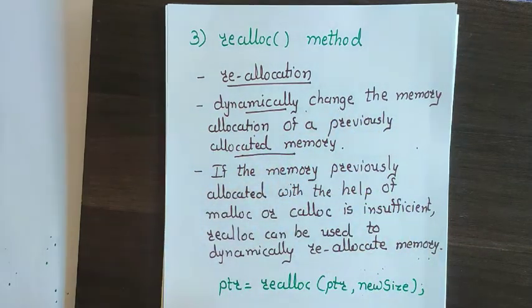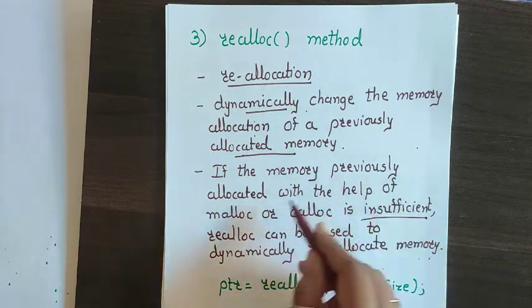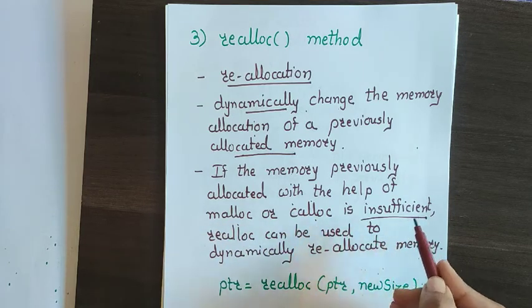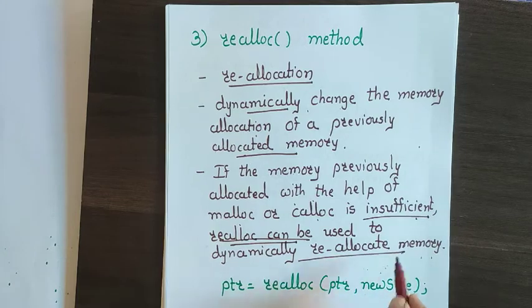So if I have used malloc or calloc and allocated some memory to ptr, and I want to change the size because the memory previously allocated is insufficient, then realloc can be used to dynamically reallocate the memory.